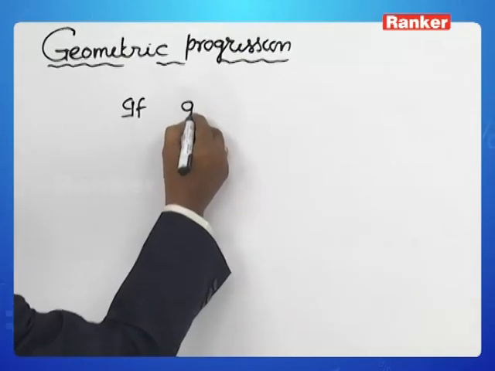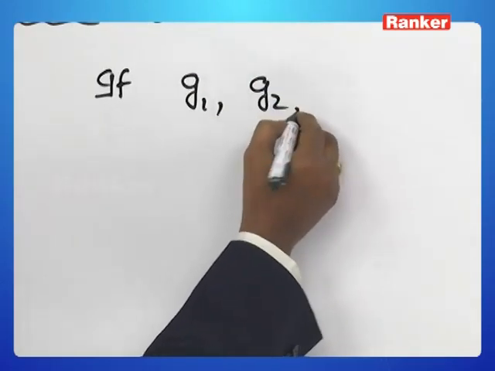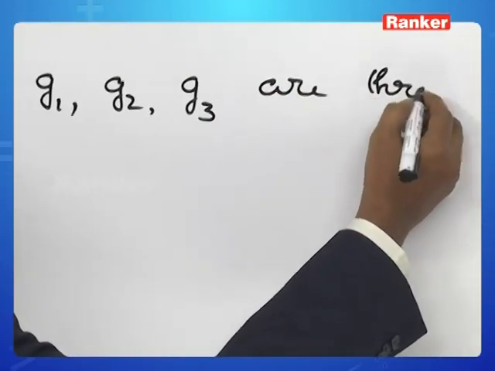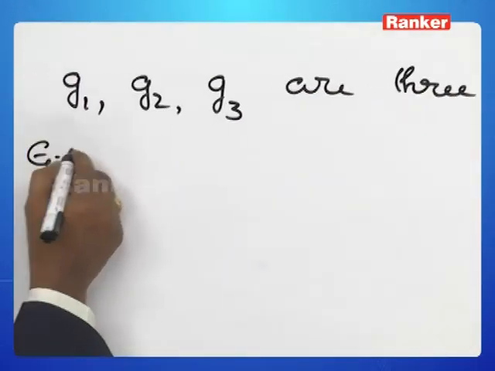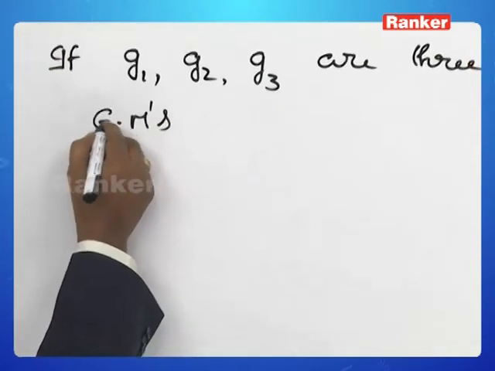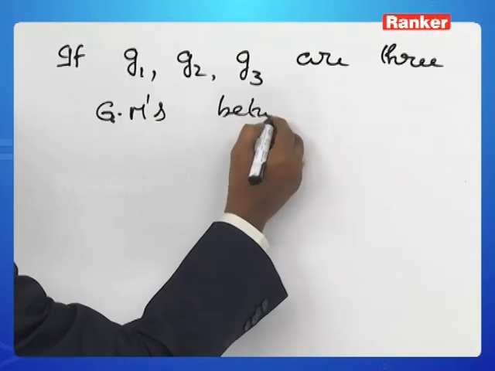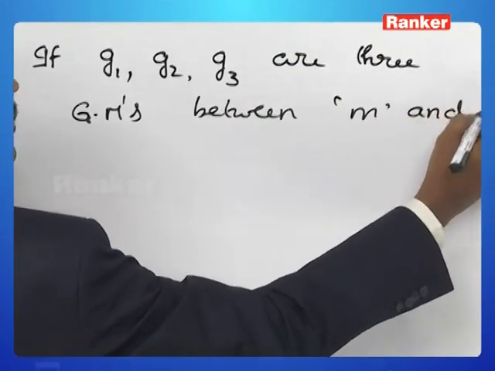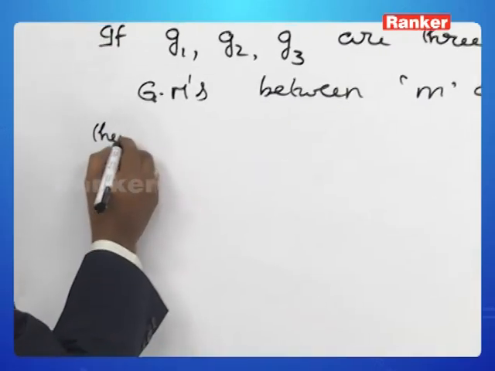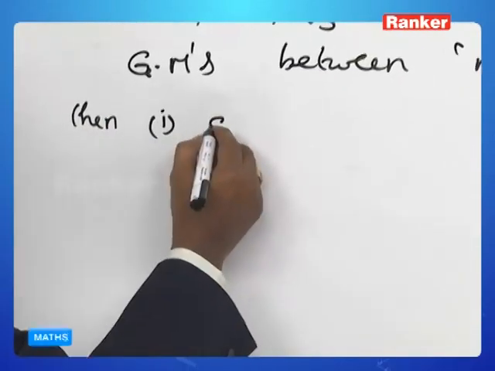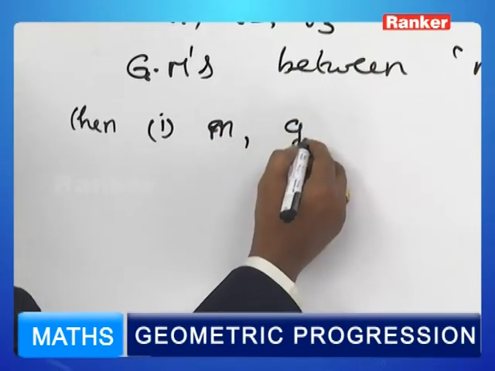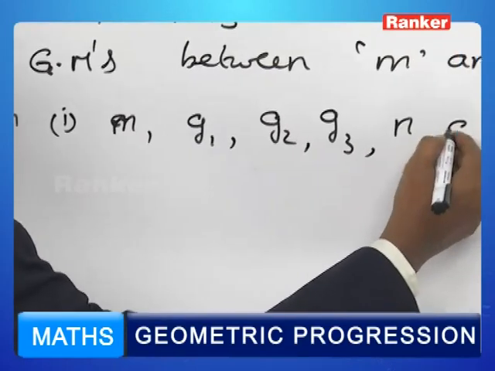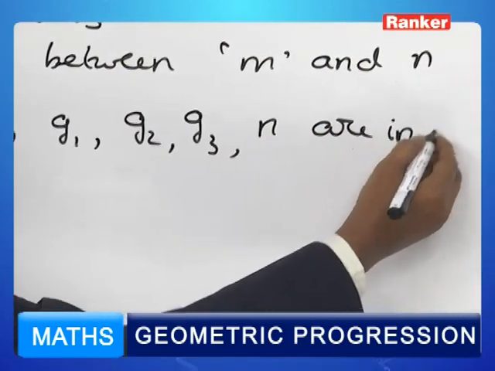If G1, G2, G3 are three geometric means between M and N, then M, G1, G2, G3, N are in geometric progression.